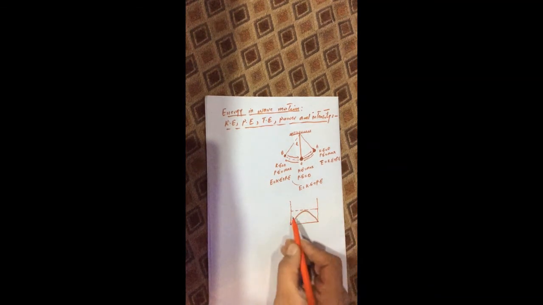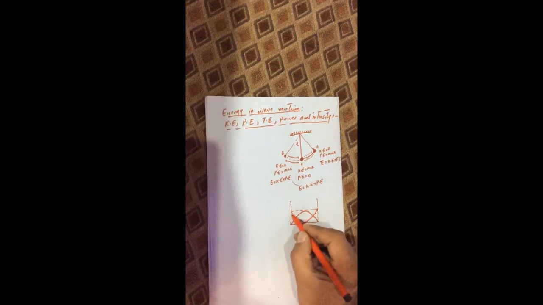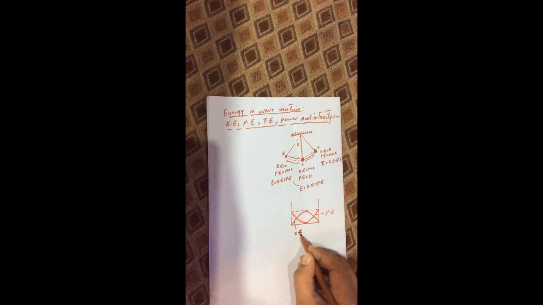This is for the kinetic energy, and this is for the potential energy. This is for the potential energy, and this is for the kinetic energy. And this one, I use a different color here, is the total energy.